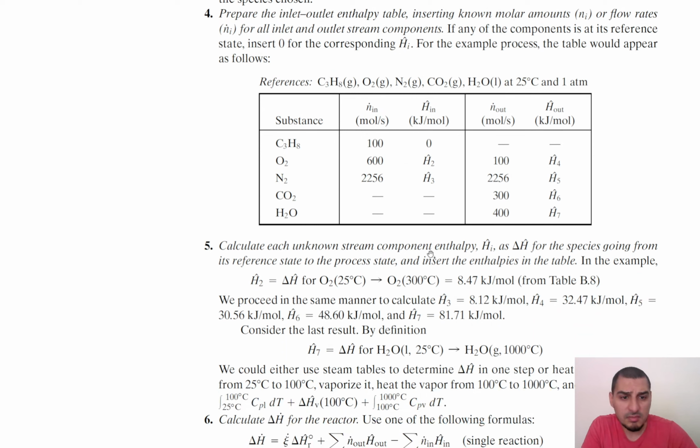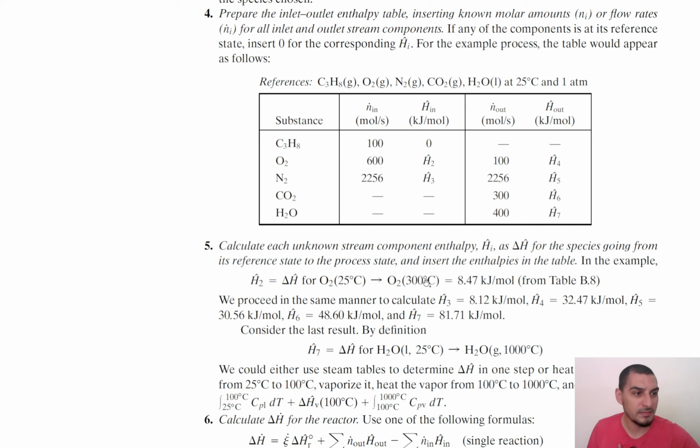And now the stream enthalpy. So the H of the two streams is going to be the enthalpy of the stream relative to the standard temperature. So, for example, this H2, which we calculated as the enthalpy change from 300 to 25, the textbook is putting this as the enthalpy at 300 relative to 25.